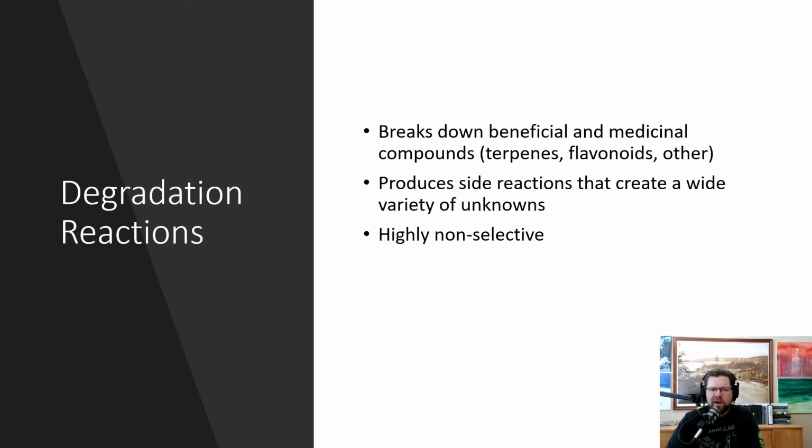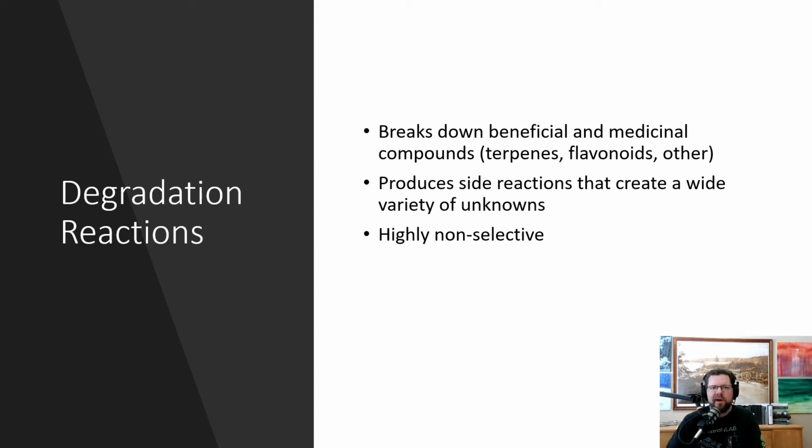So the first thing we're going to really look at is degradation reactions. What is a degradation reaction? Well, you take some oil, and oftentimes it has much more CBD in it and a very small amount of THC, and you put that into a reactor. You may add some solvent to it, but essentially what you're doing is putting it into a reactor and heating it up to 150 degrees Celsius plus.